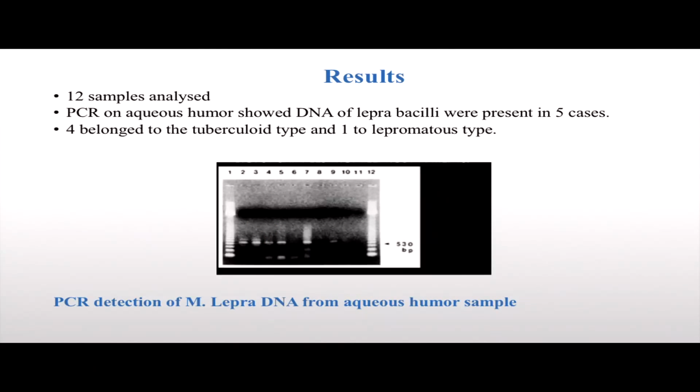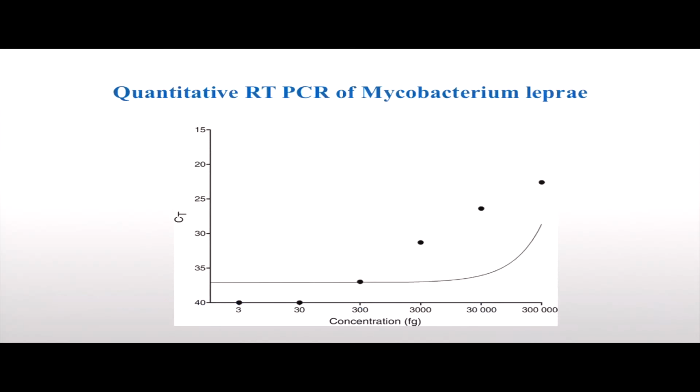So of the 49 eyes, 12 samples were analyzed using PCR because they wouldn't respond to topical or oral medications, and the uveitis persisted, and PCR analysis showed detection of DNA of bacilli in 5 cases, and of this 4 belong to the tuberculoid type and 1 to the lepromatous type.